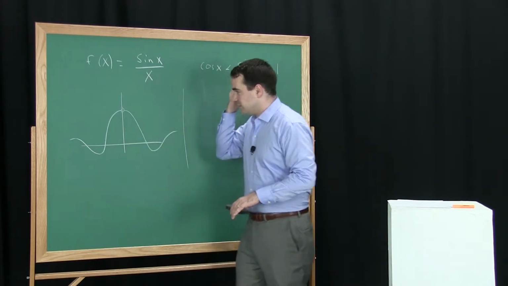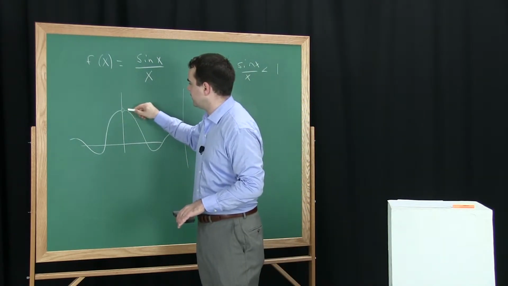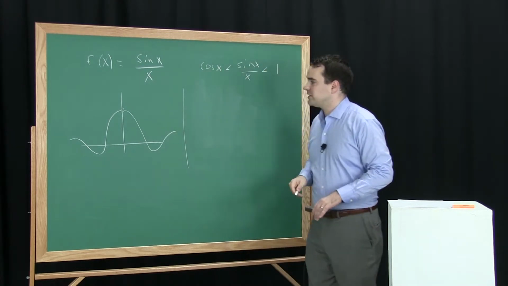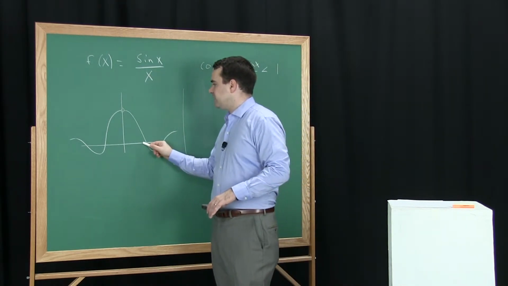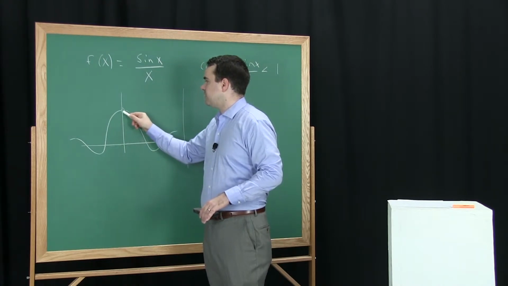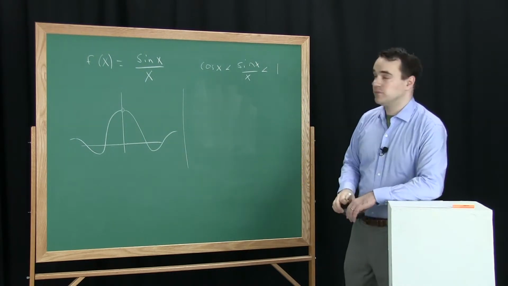But you can also notice that, just looking at the graph, and this is the number 1, by the way. So that's y equals 1. By looking at the graph, you can see that as your x values get close to 0, even though it's undefined there, your y values are getting really close to 1.